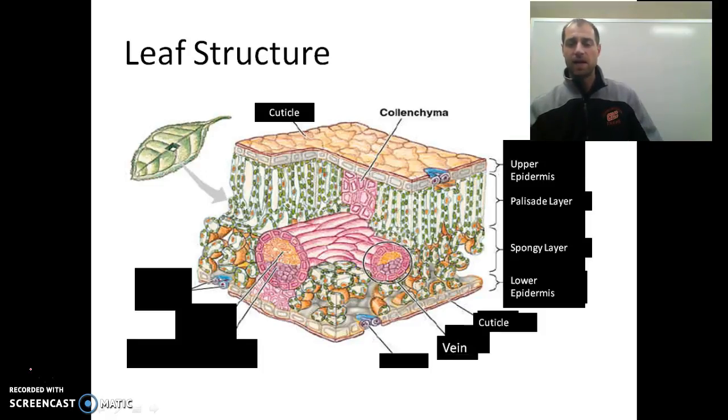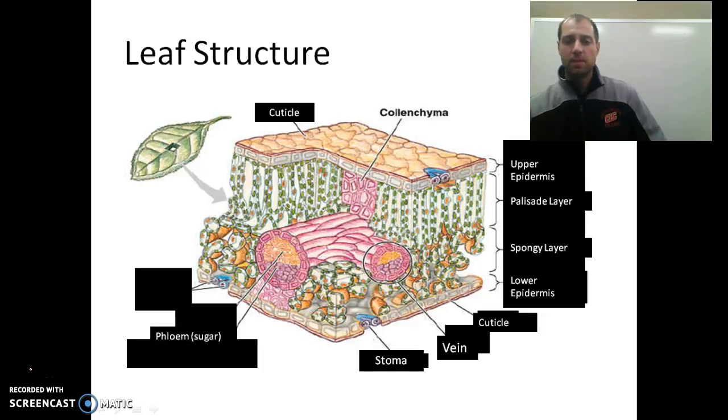We have a vein that goes through leaves, and all of us have seen veins in leaves. But the veins are made up of a couple of different items, which I'll get to in a second. We also have openings called stoma, and they are surrounded by two guard cells, and the guard cells plus the opening are called stomata.